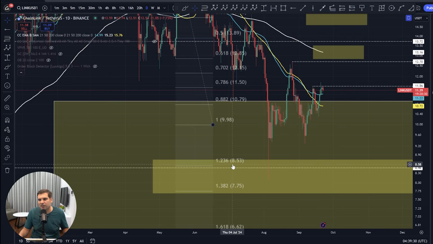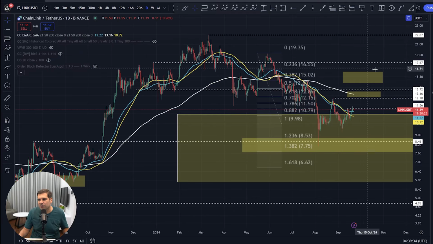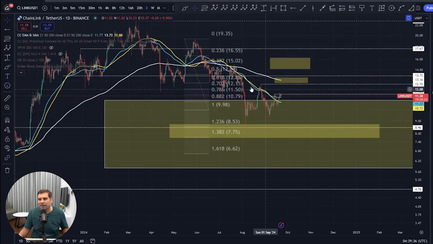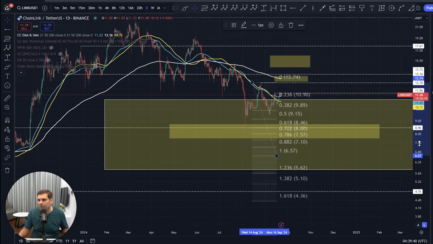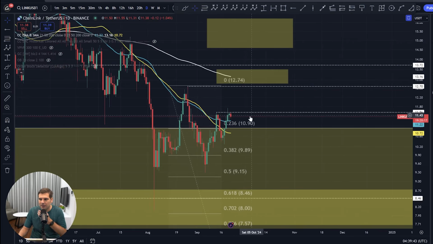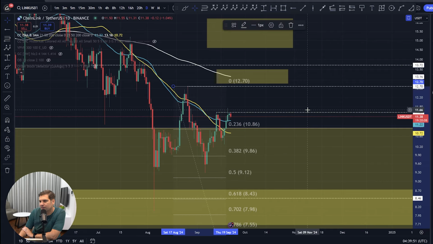Anything lower than 1.236 in this particular structure tells us that we should be expecting a relief rally and then a further move to the downside. I'm going to put the relief rally up at that previous high we had just here, which comes in at $12.70. So I'm going to put that right there on the $12.70 level, like so.